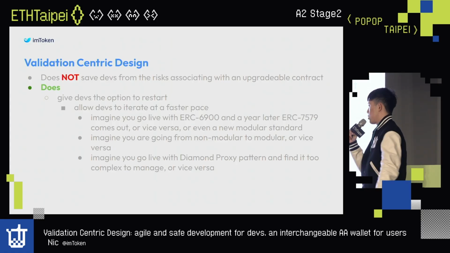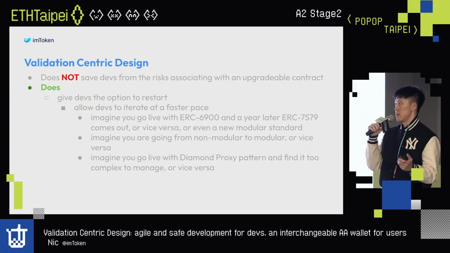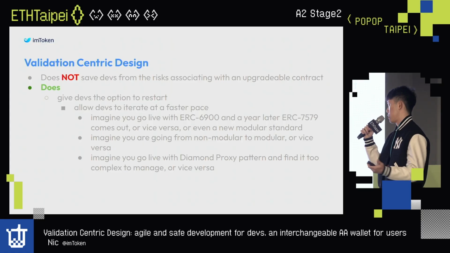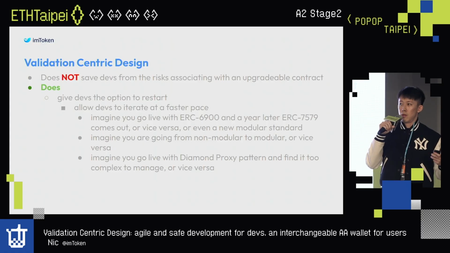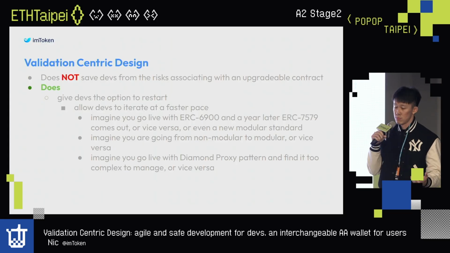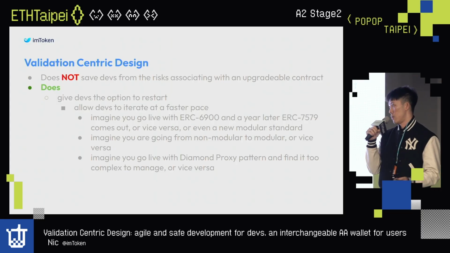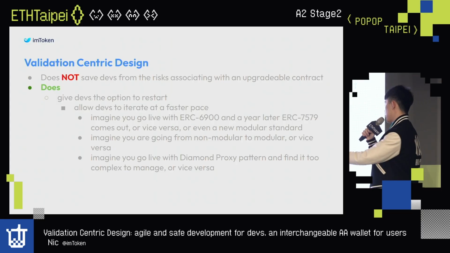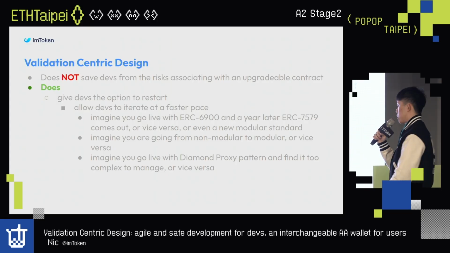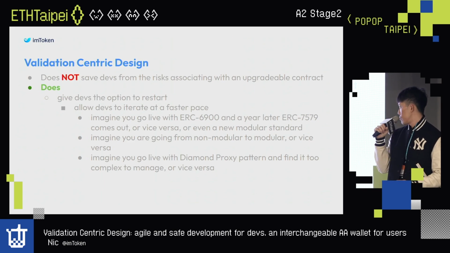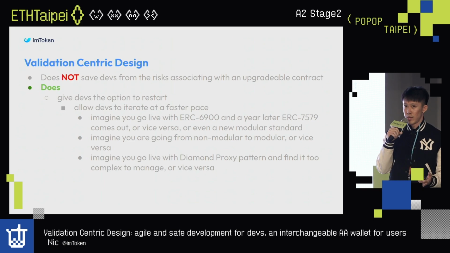Or you can imagine that you are going from a non-modular account to a modular one because you want more features, or vice versa, you thought the modular one is too complex, you don't want that many features built in, you want it to be simple. How do you migrate, how do you upgrade your contract from a modular one to a non-modular one? Or you can imagine you go live with the diamond proxy pattern, which is a rather new upgradable proxy pattern.